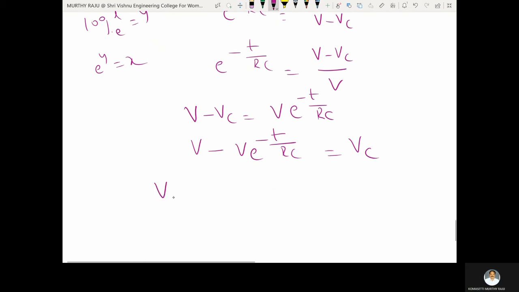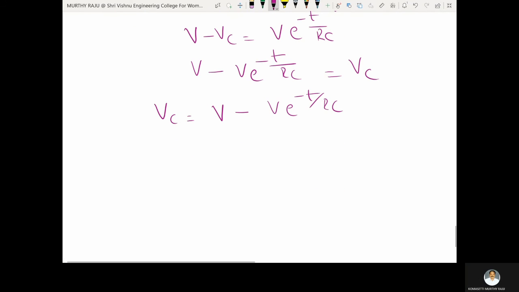Therefore, the charging voltage across the capacitor is Vc is equal to V minus V into e power minus t by RC. Therefore, Vc is equal to V into 1 minus e power minus t by RC.